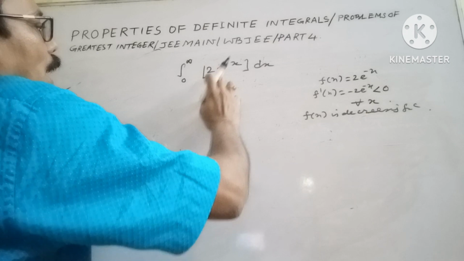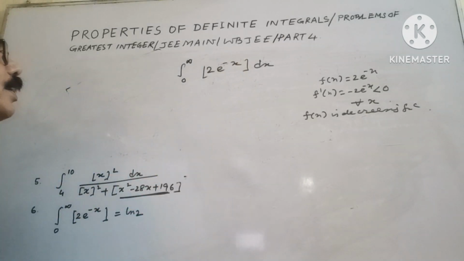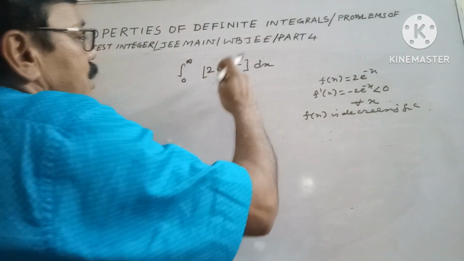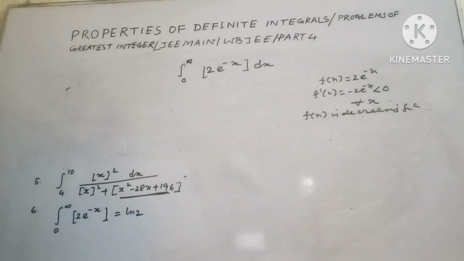Look, at x equals 0, it is 2. And as x increases, since it is a decreasing function, the value of 2e to the power minus x also decreases.